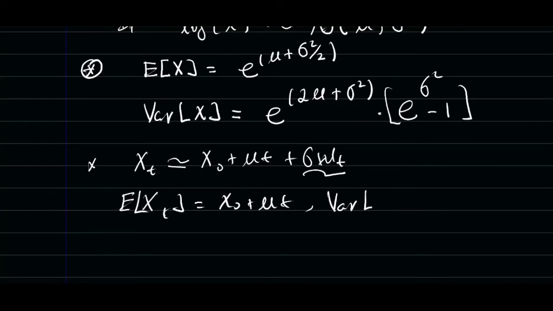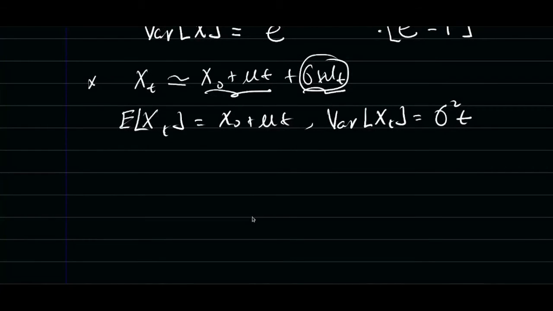Also, if you calculate the variance of X of t, the variance of this one is 0. The variance of this one is sigma squared times the variance of W t, which is equal to this one. Because the linear Brownian motion here is generated by the randomness of this Brownian motion, it is also normally distributed. Therefore, it is a normal distribution with mean, this one, and the variance given by this one.